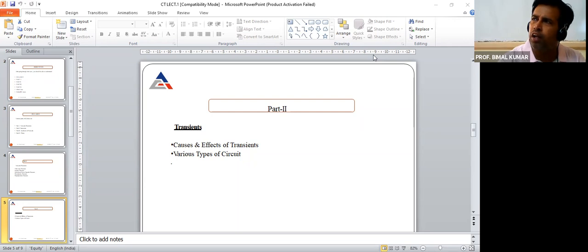These are different kinds of signals which may be generated by different types of generators. These signals may be applied across any combination of R, L, and C. After applying these different kinds of input, the behavior of the network is what we will study in this part of the syllabus.